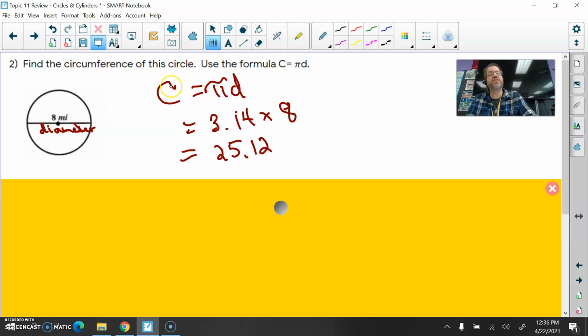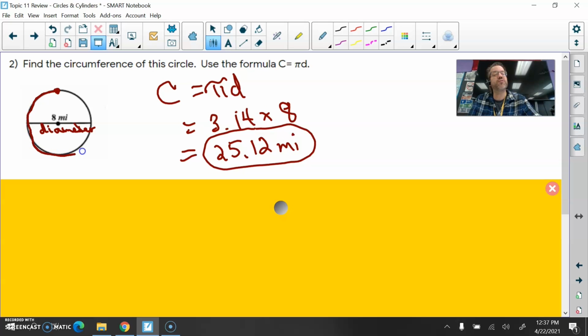And since we're talking distance around the circle, it's just miles. It isn't square miles because we're not finding area. It's just miles. 25.12 miles is the circumference. And remember, circumference is just perimeter. It's just a fancy term we use for the perimeter of a circle.